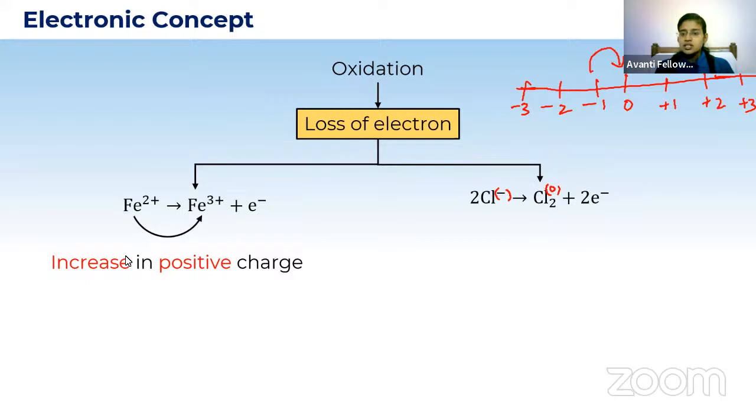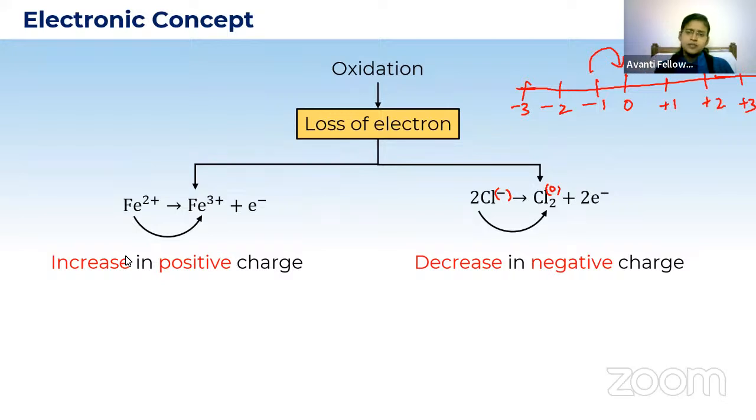This is called a decrease in the negative charge. So increase in positive charge and decrease in negative charge is called oxidation. From the electron transfer concept, it is also called loss of electron. Clear?